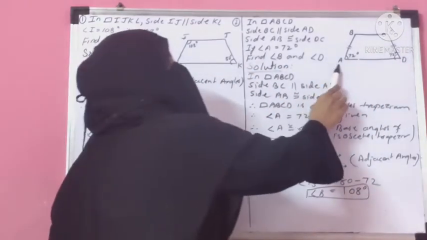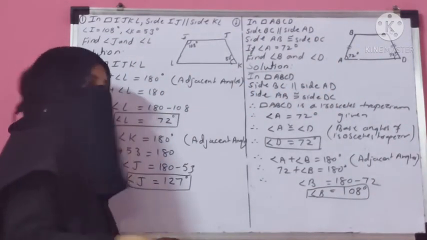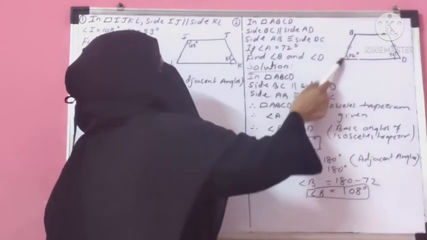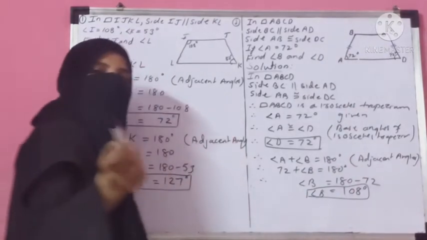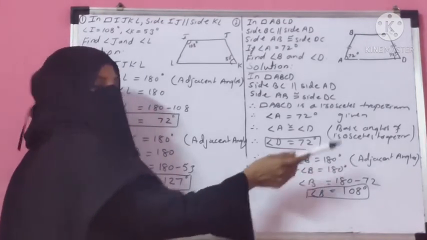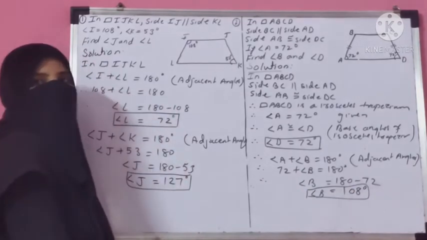That means if angle A is 72 degrees, then angle D is also 72 degrees. These are the base angles. Now angle B we find by using the concept of adjacent angles, or supplementary. So angle A plus angle B is equal to 180, so you get angle B as 108 degrees.